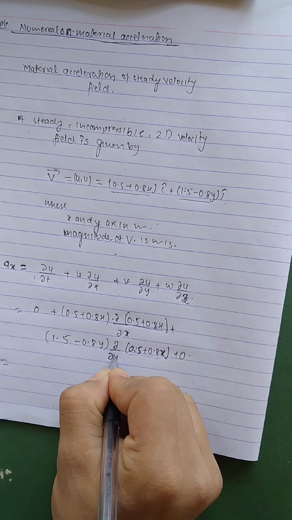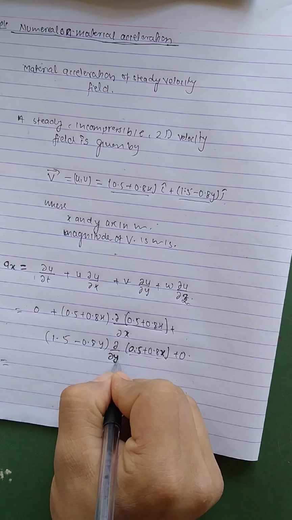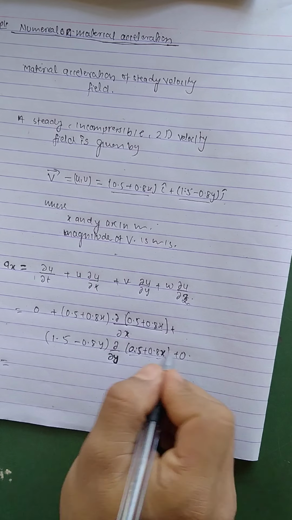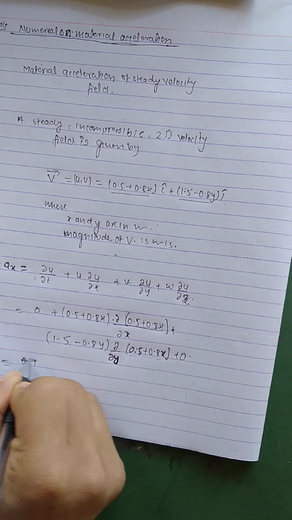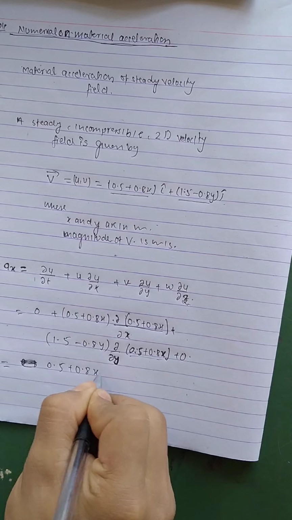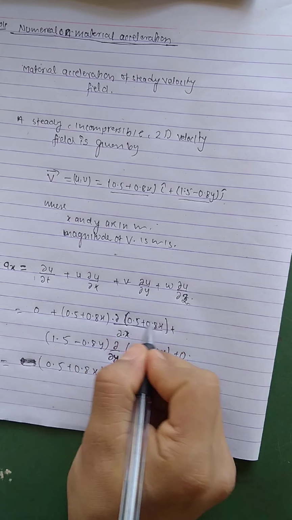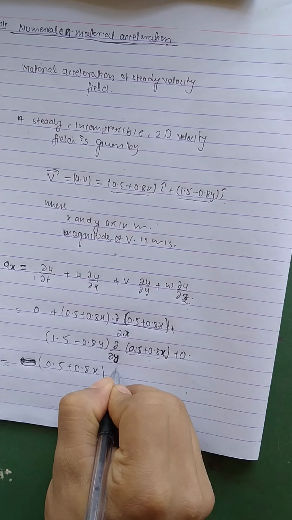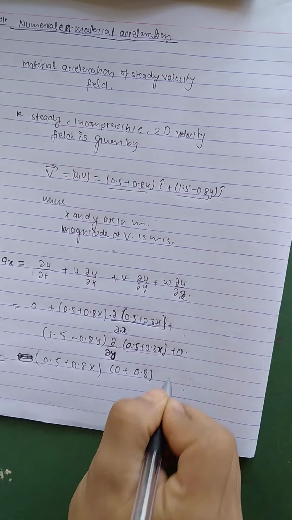The partial derivative of u with respect to x: the constant becomes 0 and the 0.8x term gives 0.8.